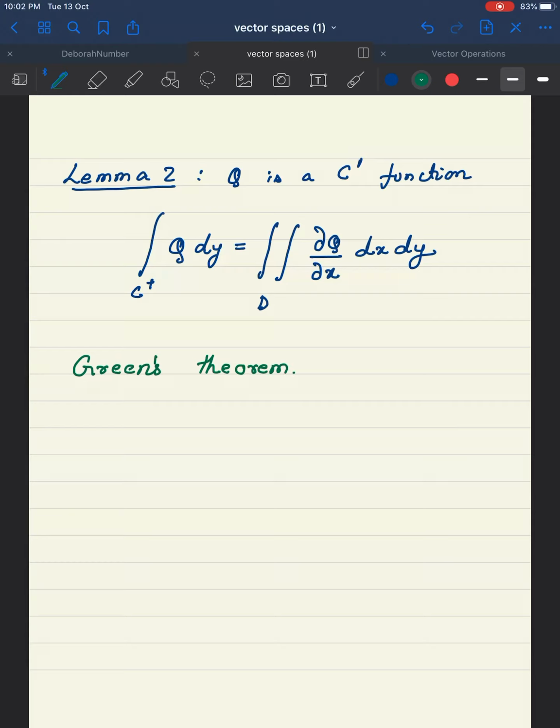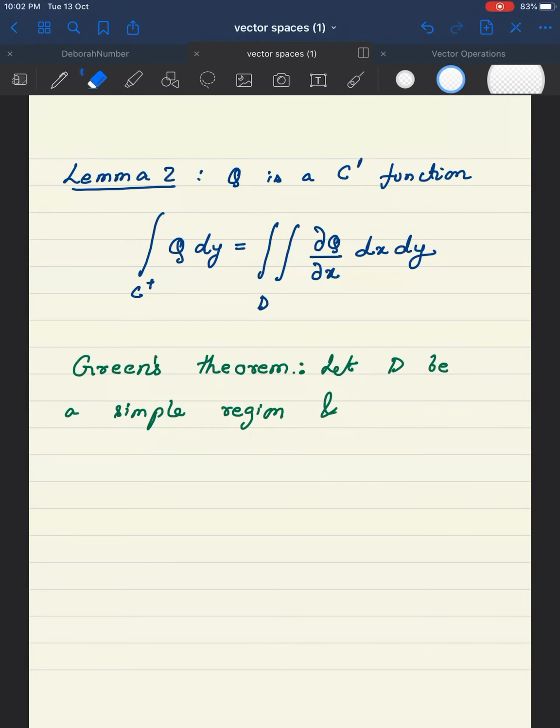But Green's theorem says that let D be a simple region, and P comma Q be of C1 class. By the way, this C1 here is different than this C plus, okay? So don't confuse this with this. This is the closed loop, this is C1 continuity.